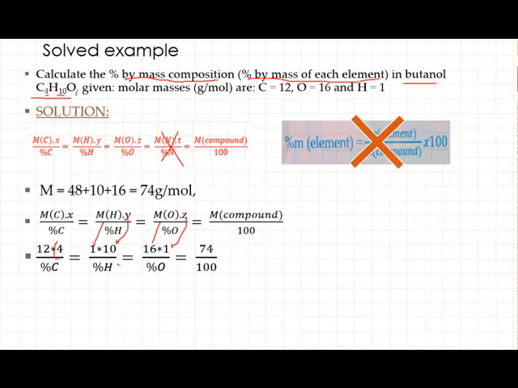So we substitute the values of molar mass and the values of the subscripts X, Y, Z depending on the molecular formula. So by mathematical calculation, you must find the percent by mass of carbon, the percent by mass of hydrogen, and the percent by mass of oxygen.